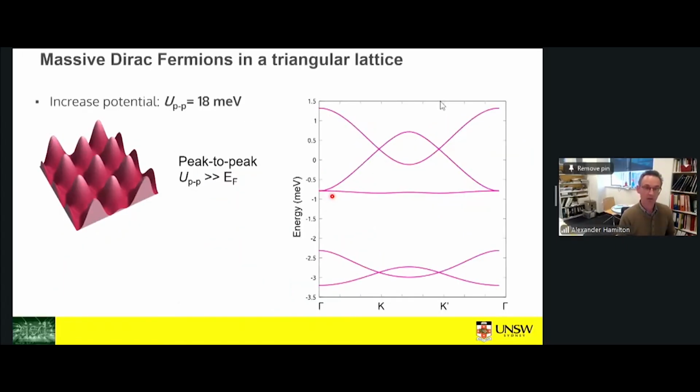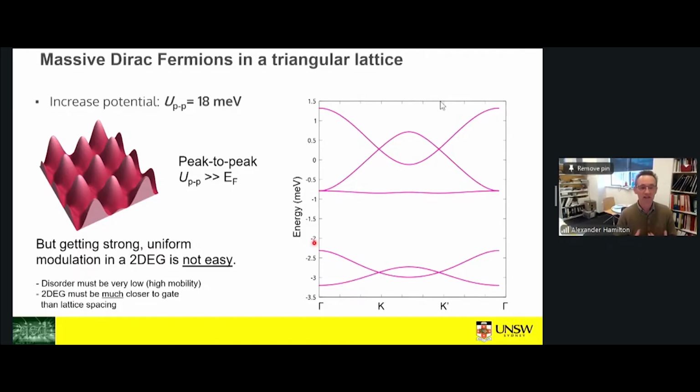So with a large peak-to-peak potential, we end up with this band structure. However, creating a large potential modulation on the electrons in a two-dimensional electron gas is not easy. In the same way, it's not easy to get a last-minute flight to India. You require that the disorder be very low, otherwise the electrons don't know that they're in a periodic potential. But also, the two-dimensional electron system has to be very close to the gate that's creating this periodic potential.